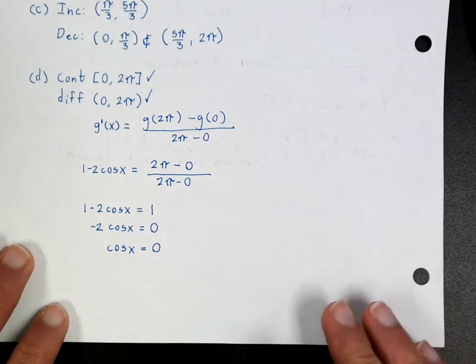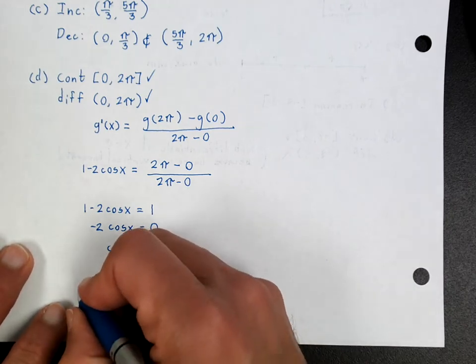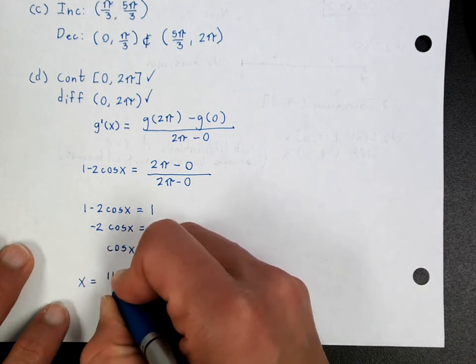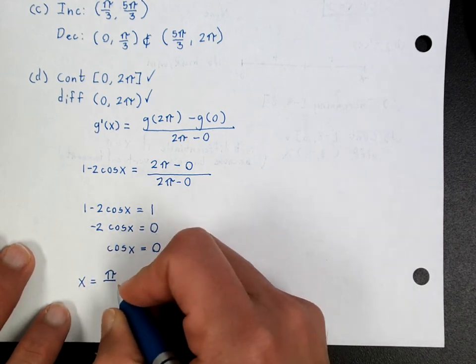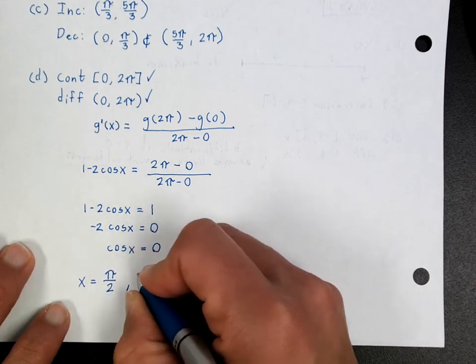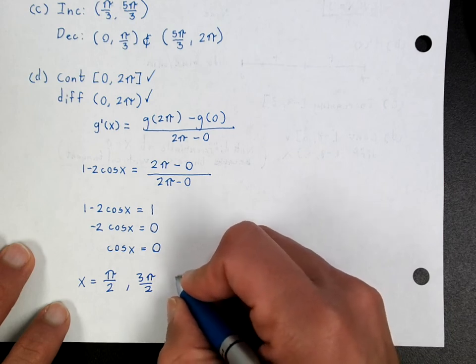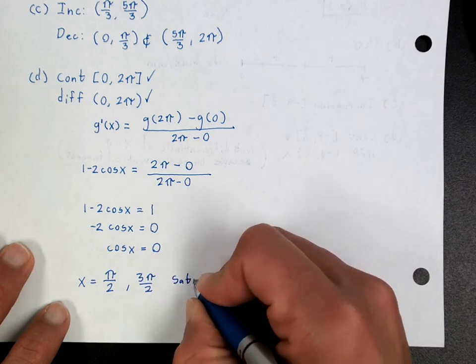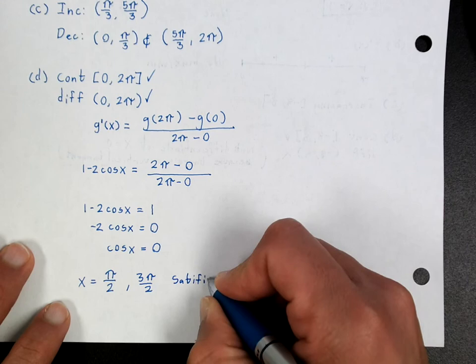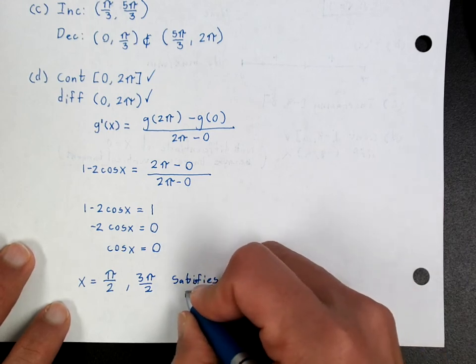And then now I just have to figure out where is the cosine of x equal to 0. Right, and hopefully it won't take you too long to figure out the answer. The cosine of pi over 2 is 0, and the cosine of 3 pi over 2 is also 0. So those 2 points satisfy the mean value theorem.